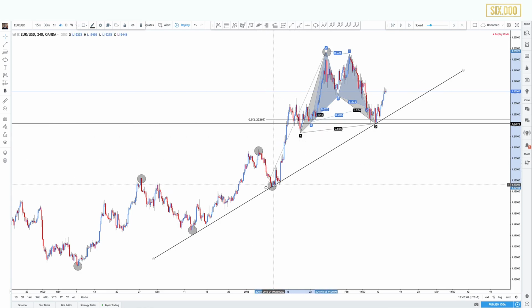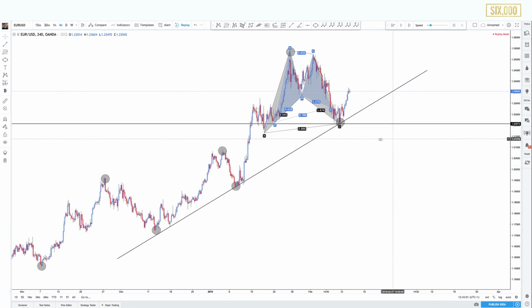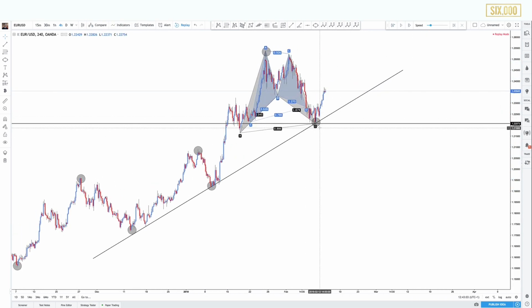So we've got our previous low in the market. This would be our higher low. We're going from our previous low to our high here, our higher high. And we can see the D point forms at a 50% retracement, which is another good confirmation for the potential reversal zone of the bullish bat.